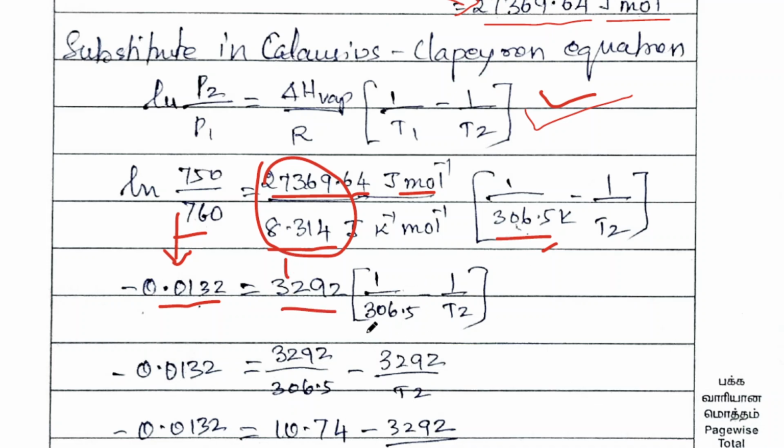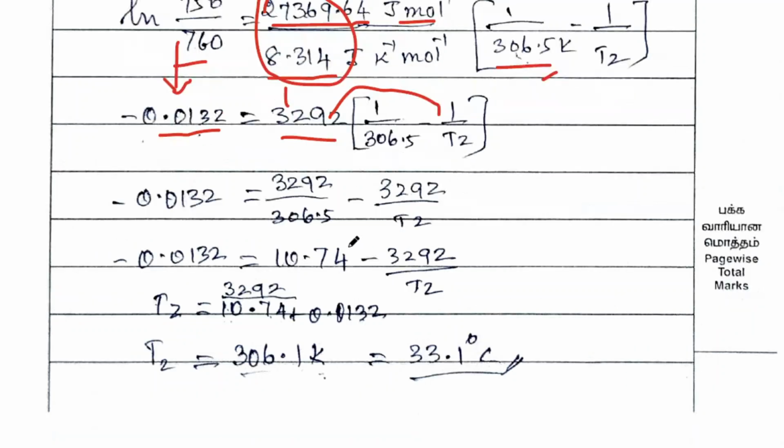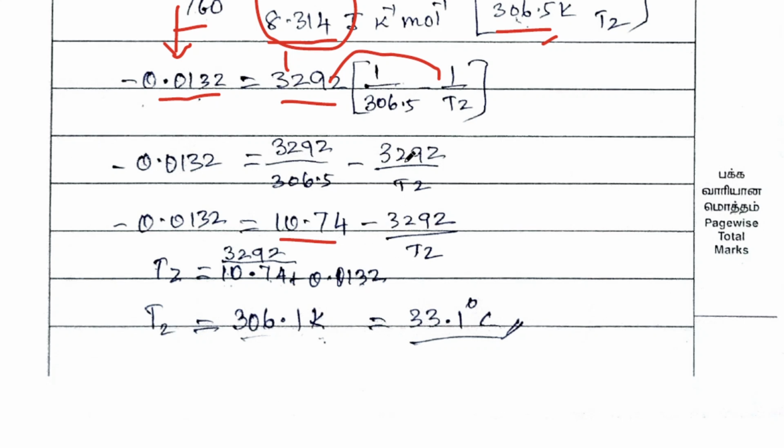Now, upon rearranging this equation, 3292 divided by 306.5 gives 10.74, minus the same thing here, 3292 divided by T2.